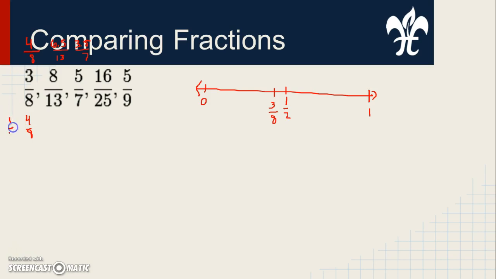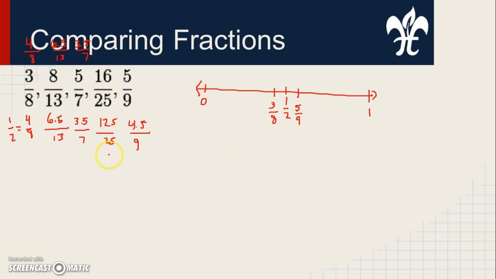These are all halves: 4/8, 6.5/13, 3.5/7, 12.5/25, and 4.5/9. So we can see 4.5/9 is pretty close to 5/9. This is just barely bigger than 1/2. So here we have 5/9, just bigger than 1/2.